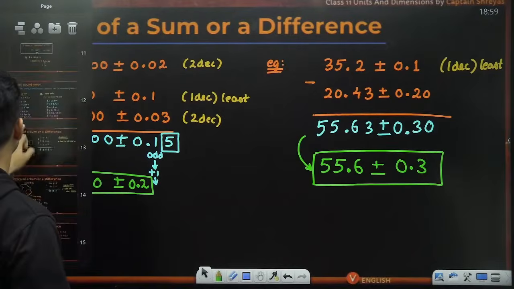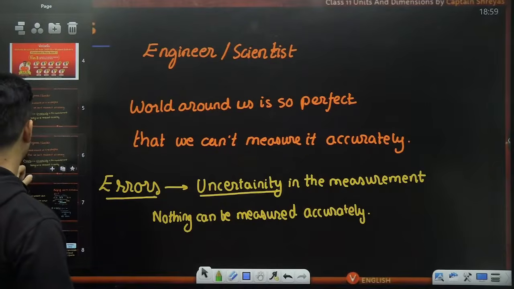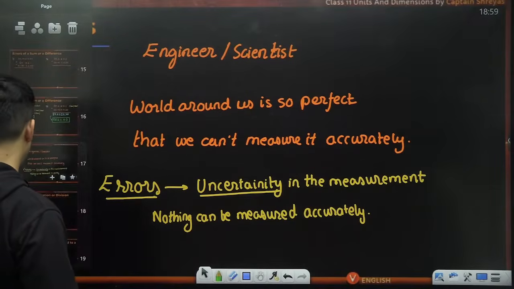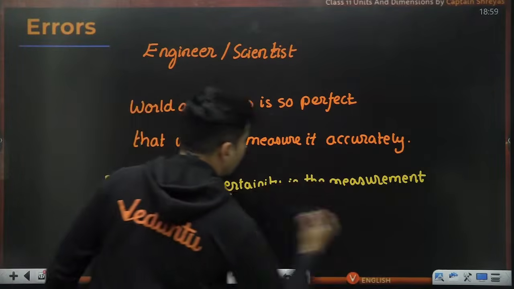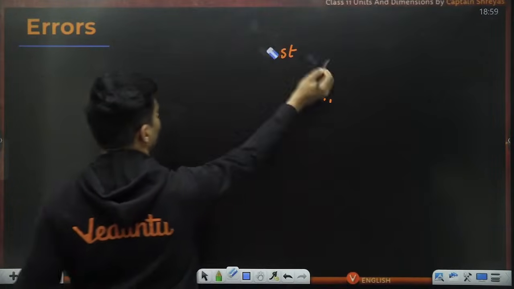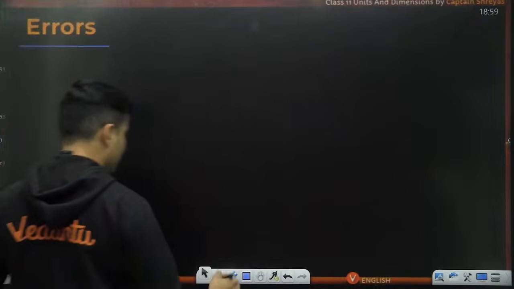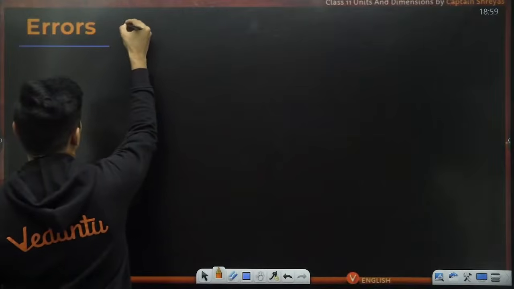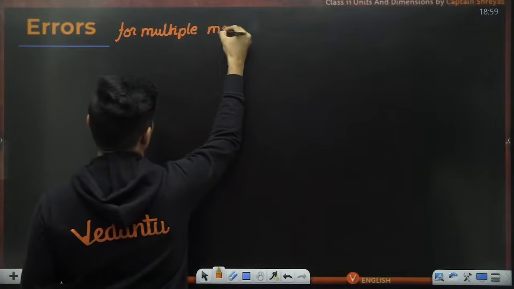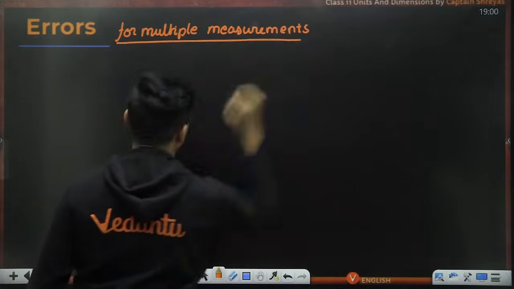You have to find the average of the values, and this kind of question is one of the most common kind of questions which can come in the examination, where many values are given and you have to find what is the absolute errors, percentage error, relative error, etc. So how to find errors for multiple measurements. This is also very commonly asked. For multiple measurements, what to do?